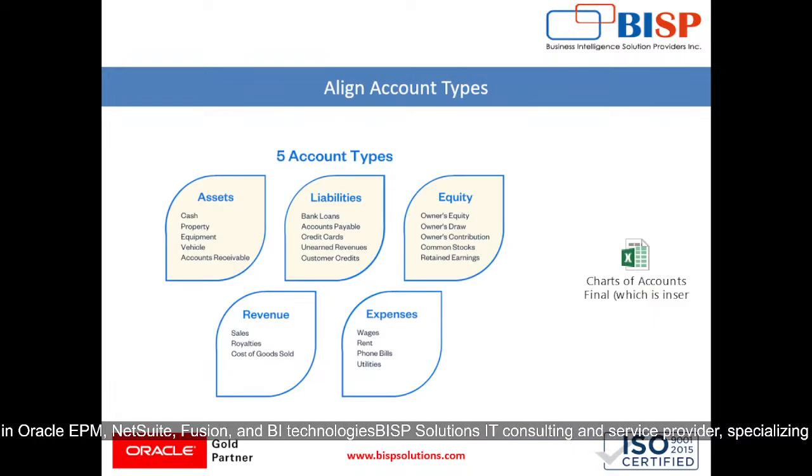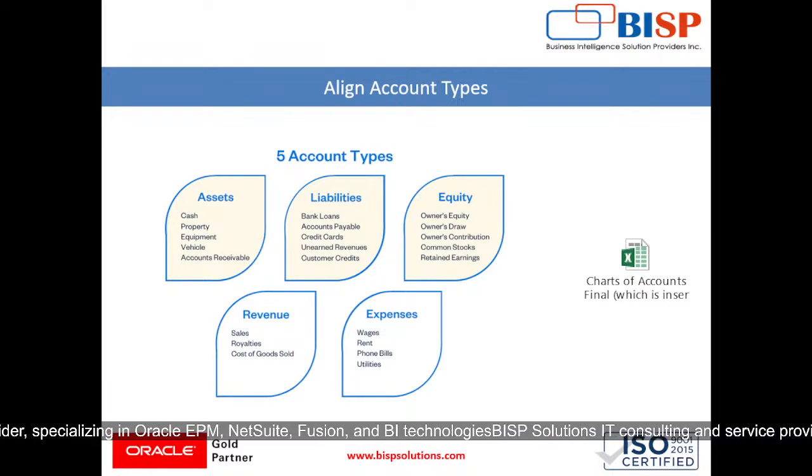After that, we will be aligning account types. So there are 5 account types for the same, like assets, liabilities, equity, revenue, and expenses. In assets, we will be mentioning cash, property, equipment, vehicle, accounts receivable. And in liabilities, we will be mentioning bank loans, account payables, credit cards, unearned revenues, customer credits, like that.